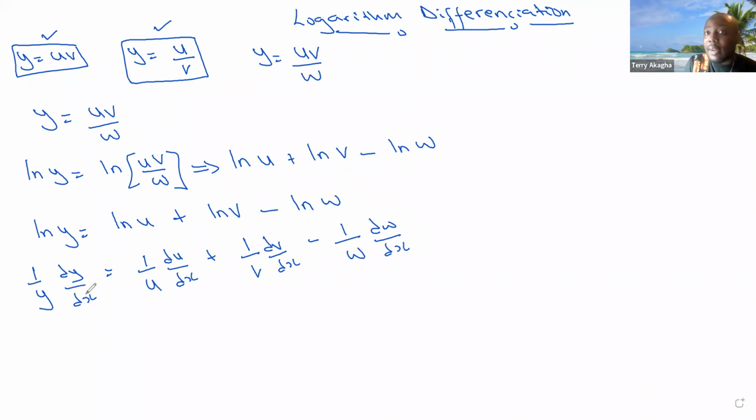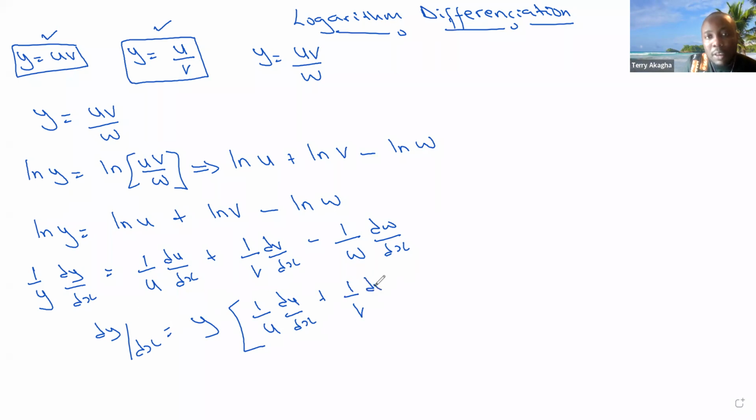But we're looking for dy over dx, so you multiply both sides by y. That means dy over dx is going to give you y multiplied by 1 over u, du over dx, plus 1 over v, dv over dx, minus 1 over w, dw over dx.